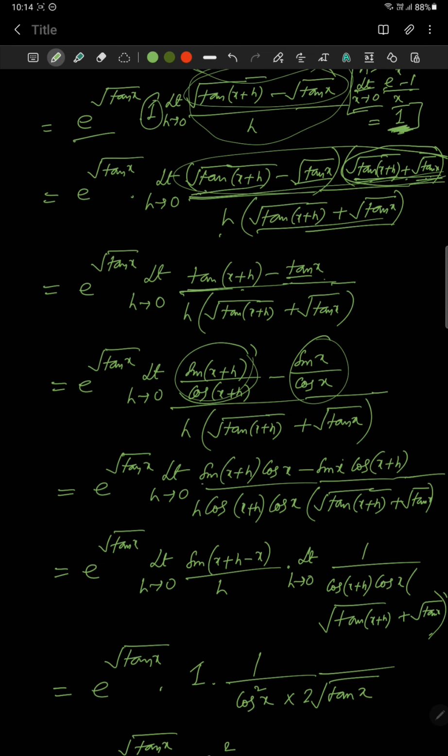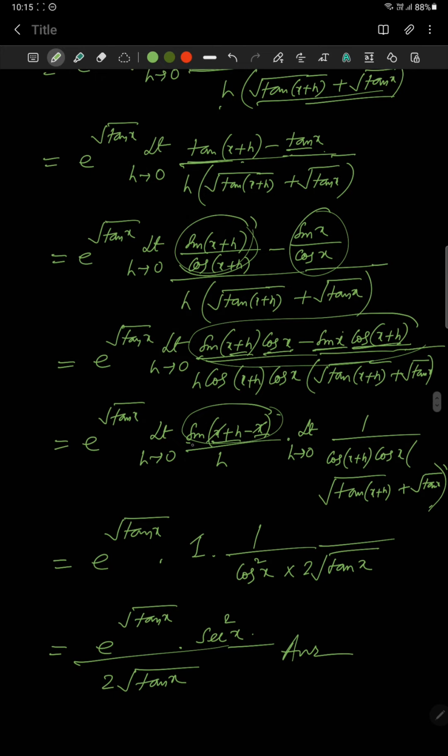After taking LCM, this numerator becomes sin(x+h) into cos x minus sin x into cos(x+h), which is in the form of sin a into cos b minus sin b into cos a. So this is what I have written, sin(a minus b), the x terms are getting cancelled, and sin h divided by h, limit h tending to 0, will become 1, which is what I have written, and this h, not this h, this cos(x+h) into cos x, this whole thing is written as it is over here.